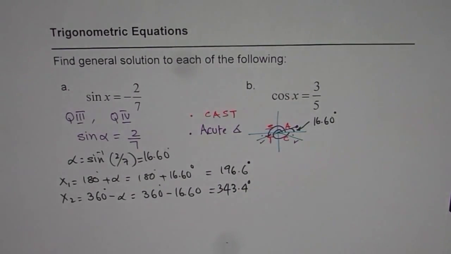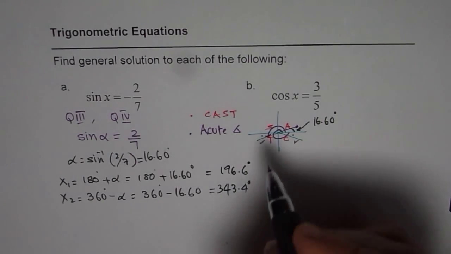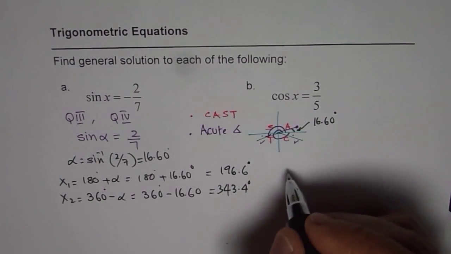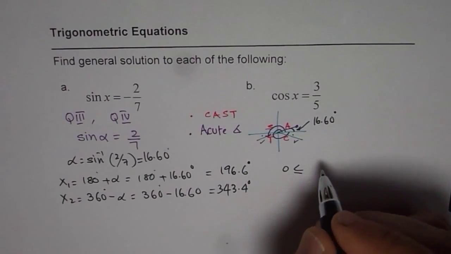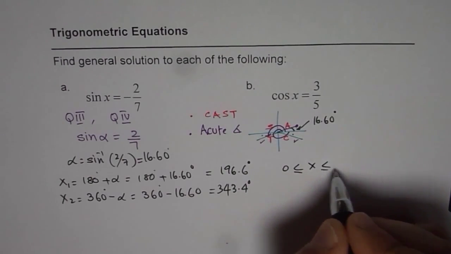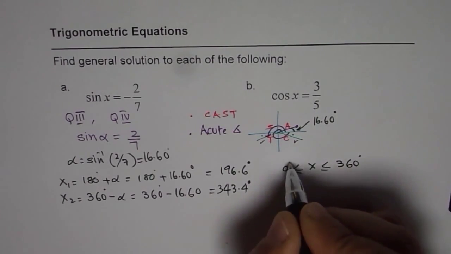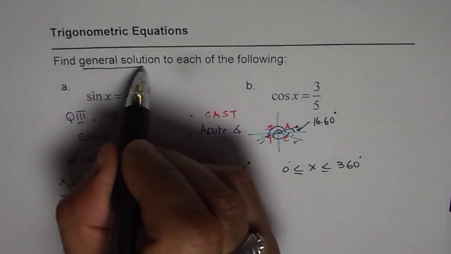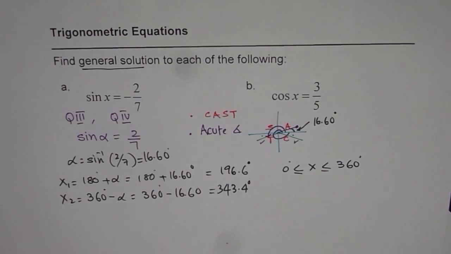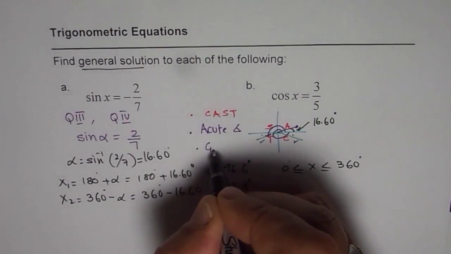That becomes your solution for one cycle, when the angle is between 0 and 360 degrees, correct? But we want to find the general solution. So how will you find the general solution? That is the next step.